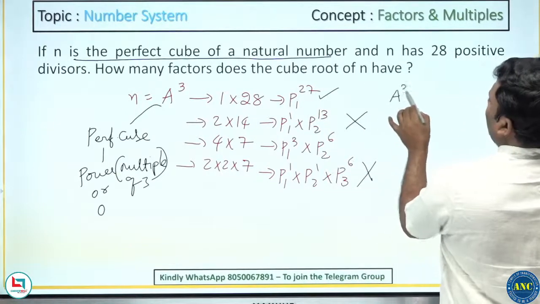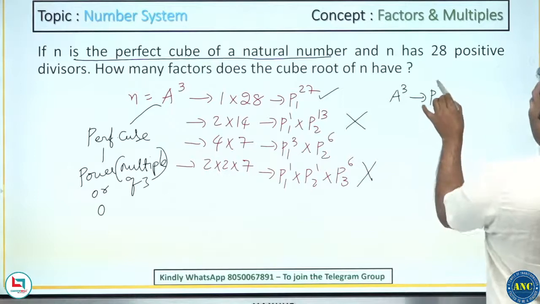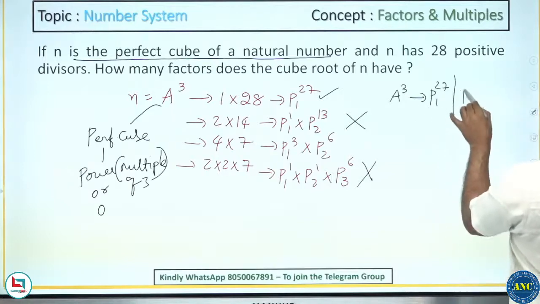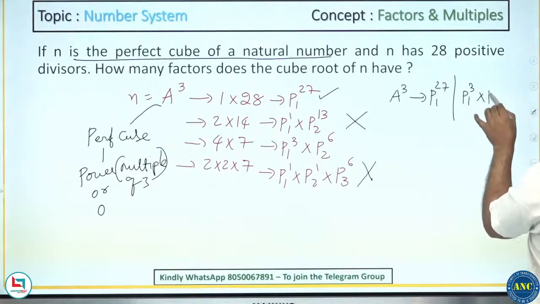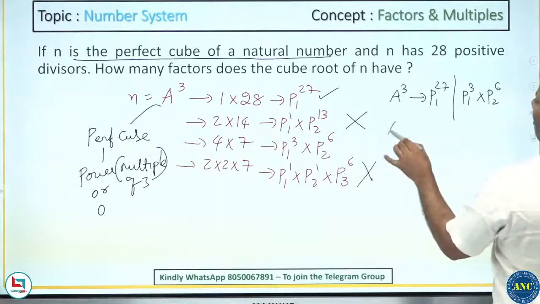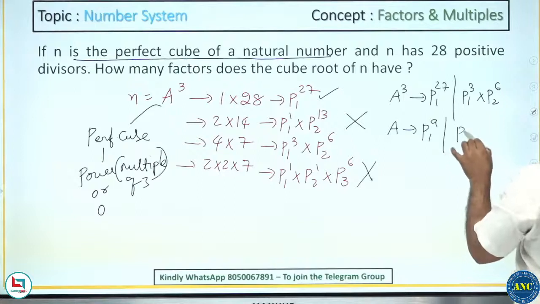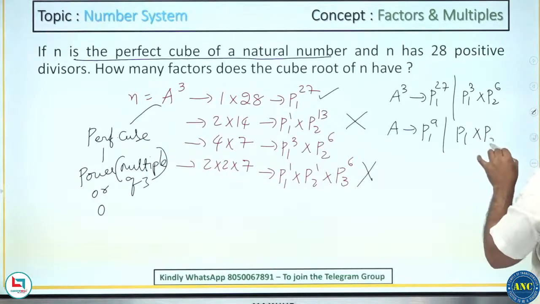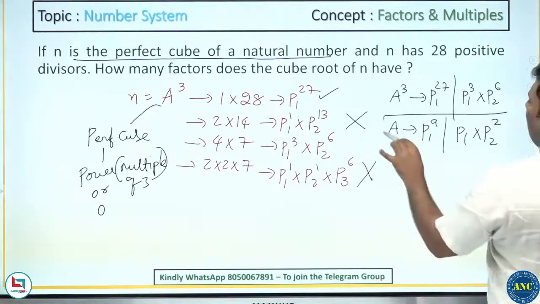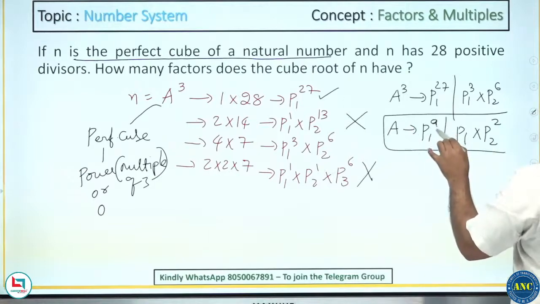So a cube will be P1 power 27 or P1 power 3 into P2 power 6. Every power should be a multiple of 3. So a will be P1 power 9 or it will be P1 into P2 square.